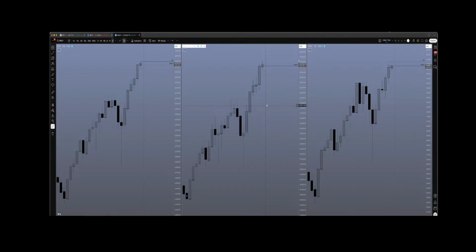Still putting in all-time highs across the assets. This is YM, NQ, ES.